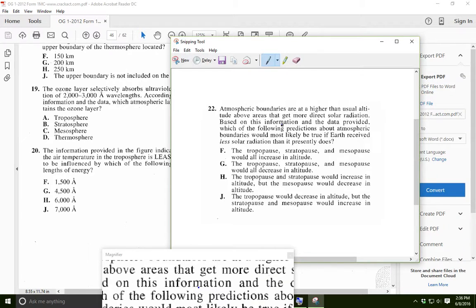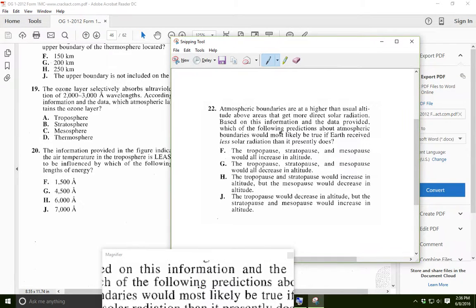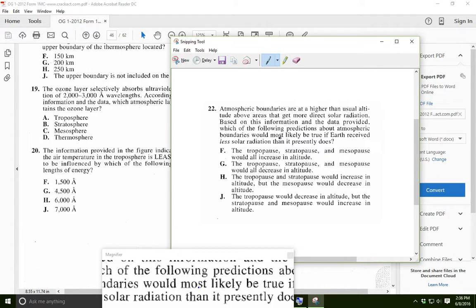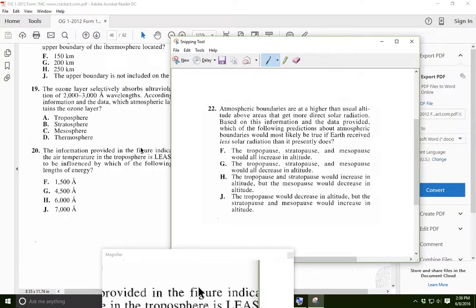Based on this information and the data provided, which of the following predictions about atmospheric boundaries would most likely be true if Earth received less solar radiation than it presently does?